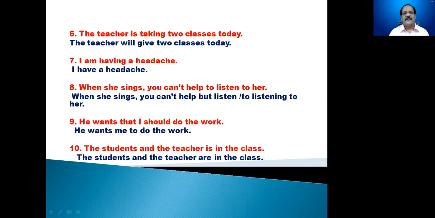Look at the eighth sentence. When she sings, you can't help to listen to her. See how you can make a correction. You can't help to listen to her has created some confusion. So remove it.